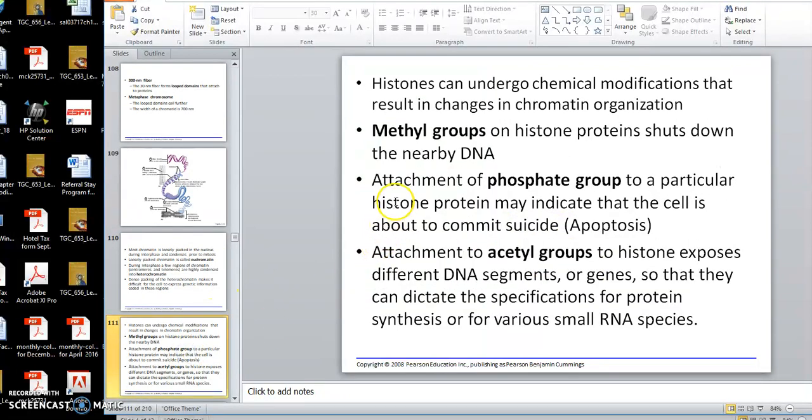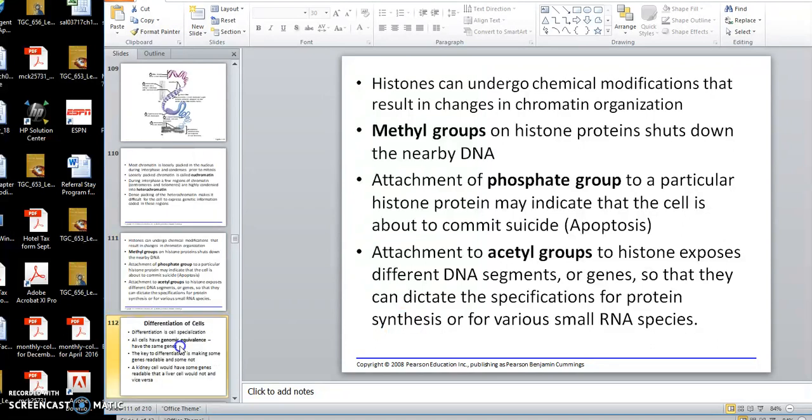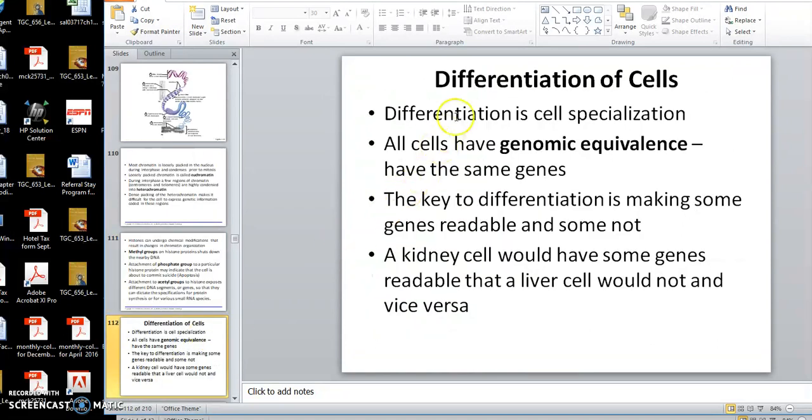Okay, how do you close them up? By adding chemicals, methyl groups and acetyl groups. They're there, but you cover them up with these various biochemicals, and they cannot be read. So differentiation is cell specialization. All cells have genomic equivalence. A genome, again, is a complete set of genes in any organism.